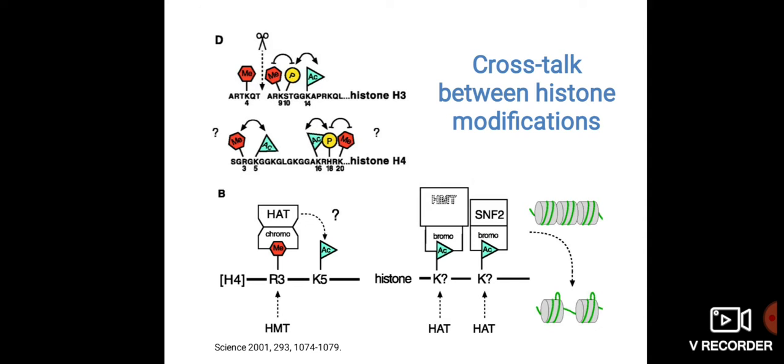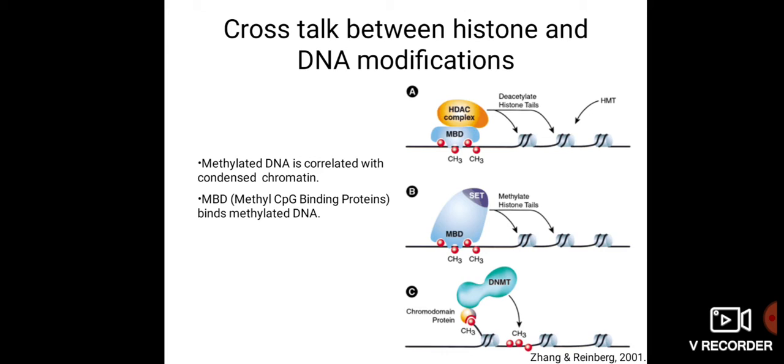On the other hand, the acetylated lysine can bind with HMTs as well as SNF2s, which makes the DNA available for transcription. Like that, the modifications of histones can talk to each other. They can affect each other, and enhance the action or decrease the activity.